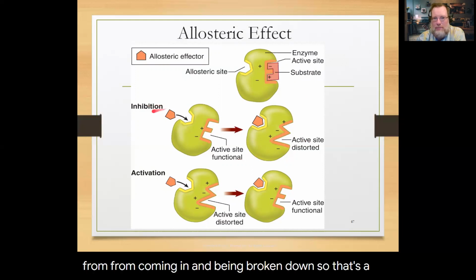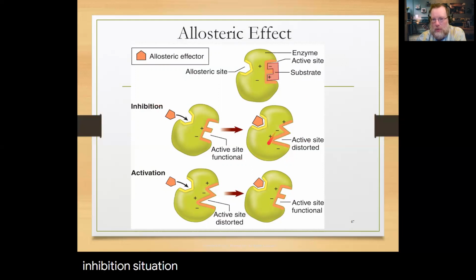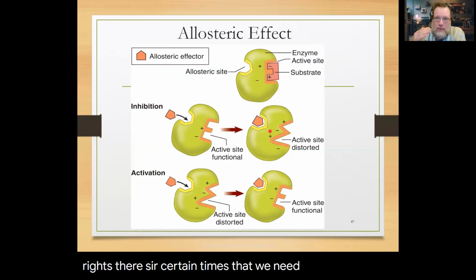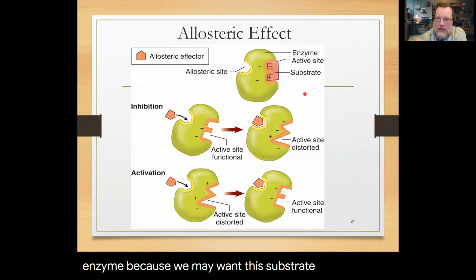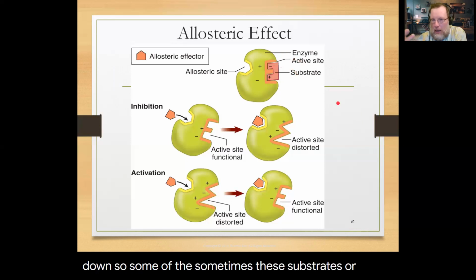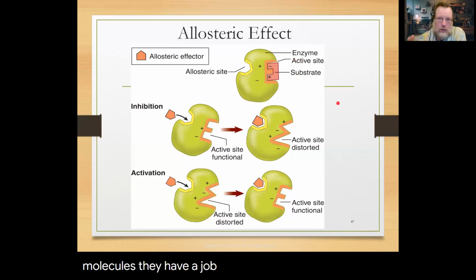So that's an inhibition situation where we want to inhibit an enzyme. There are certain times that we need enzymes to not be working. We want to inhibit the process of the enzyme because we may want this substrate to go through its process and last longer before it starts getting broken down. Sometimes these molecules have a job that they need to carry out to the end before an enzyme comes in and destroys it.